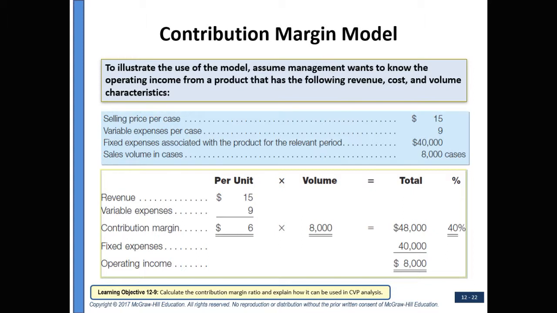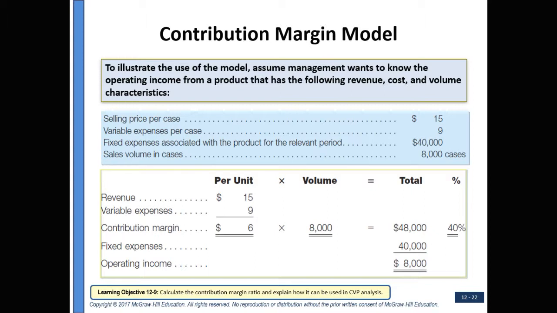So to illustrate the use of this model, let's assume management says what would happen to our operating income from a specific product that has these revenue, costs, and volumes as shown in blue.